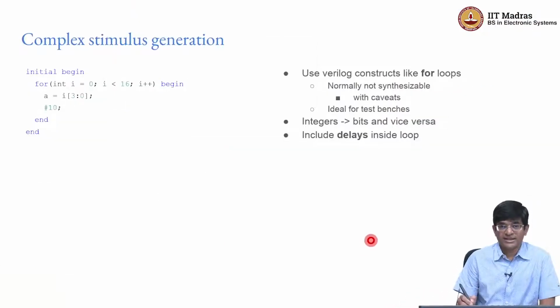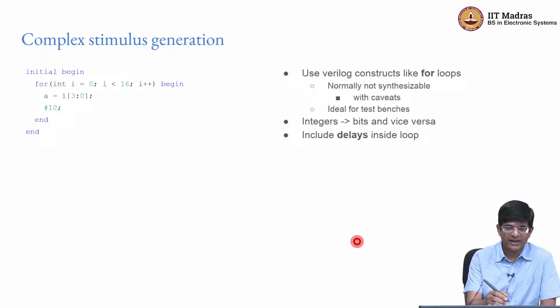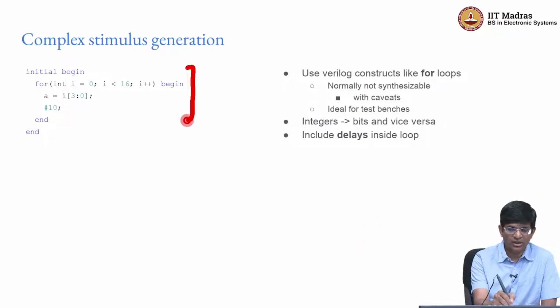Now the interesting thing about Verilog, and this is really where HDLs become powerful, is that I can write code like this which allows me to generate complex stimuli. What do I mean by a complex stimulus? Let's say that I wanted to write out a 4-bit value taking many different combinations: 0 0 0 0, 0 0 0 1 and so on, right. It turns out that I can do it very trivially by just running a for loop in my test bench.